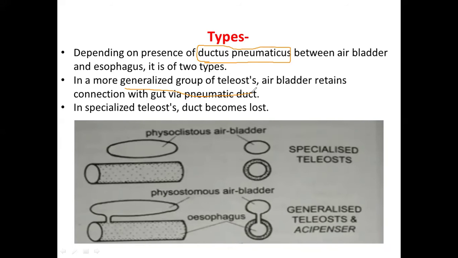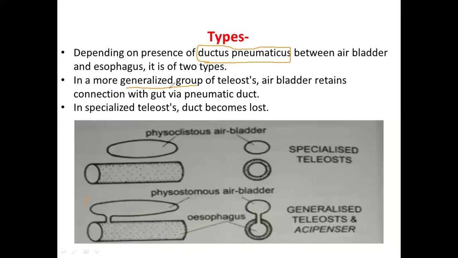In the generalized groups of teleost fishes, the air bladder has a connection with the gut or the esophagus. So this is the diagram: this is the gut or esophagus, connected to the air bladder.